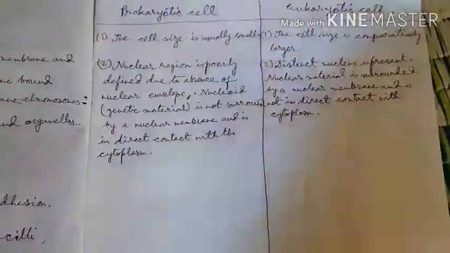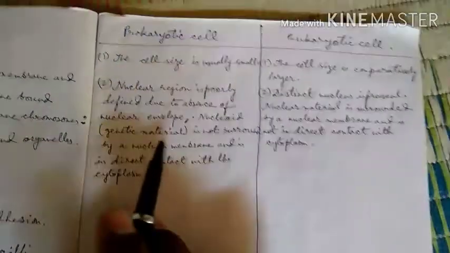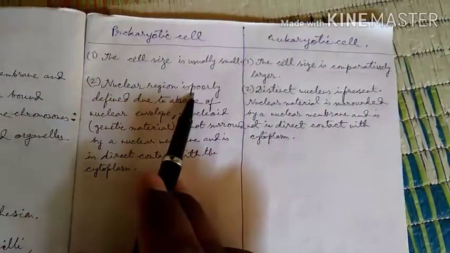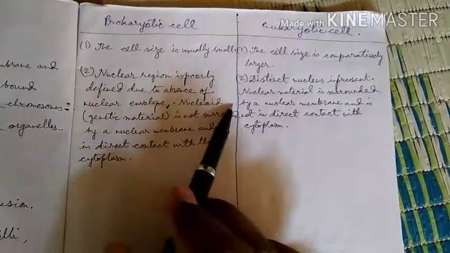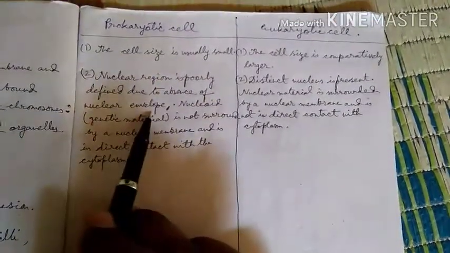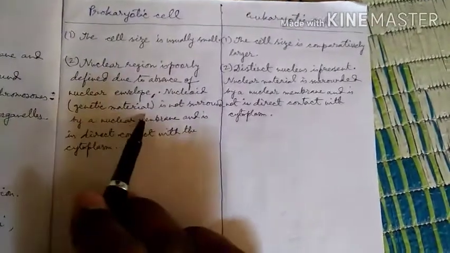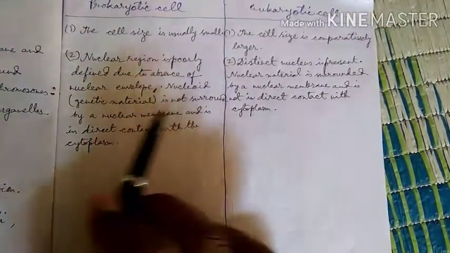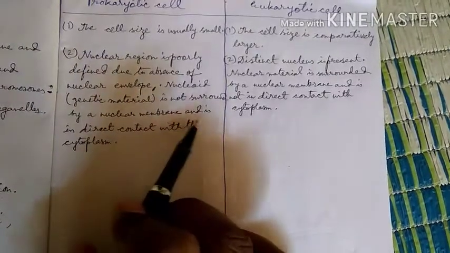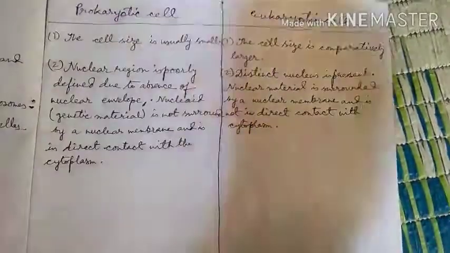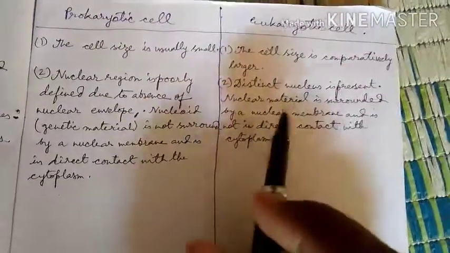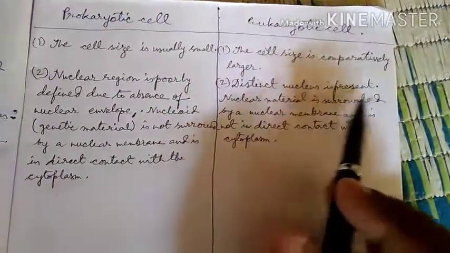The second point: in prokaryotic cells, the nuclear region is poorly defined due to absence of a nuclear envelope. The nucleoid, that means genetic material, is not surrounded by a nuclear membrane and is in direct contact with the cytoplasm. On the other hand, in eukaryotic cells a distinct nucleus is present.